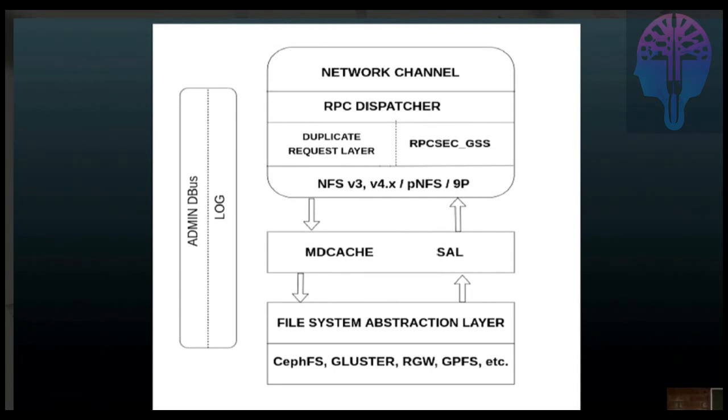On the top, we have the network layer. It actively listens and captures your network request from the client, which then passes through an RPC dispatcher. Here, the RPC dispatcher decodes your request into an RPC, and it uses a subprogram known as libntirpc that is used to implement TI-RPC, and then the request passes through a duplicate request layer.